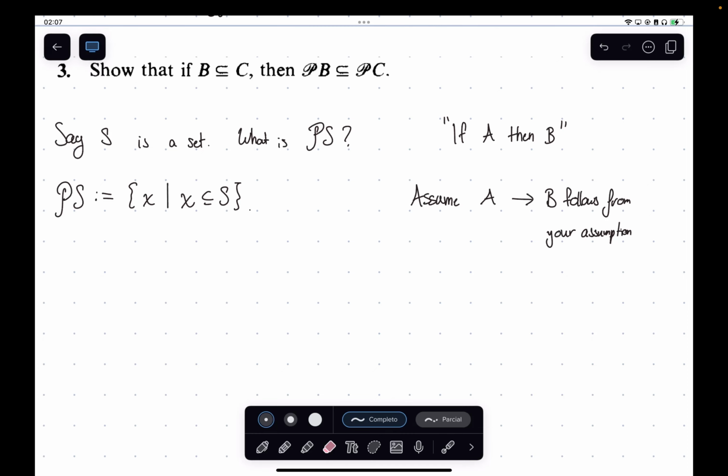To prove any statement of the form if A then B, you must assume A and then show that B follows from your assumption.